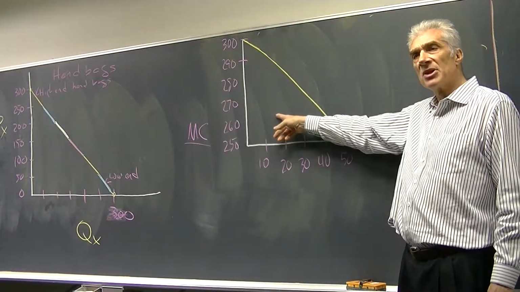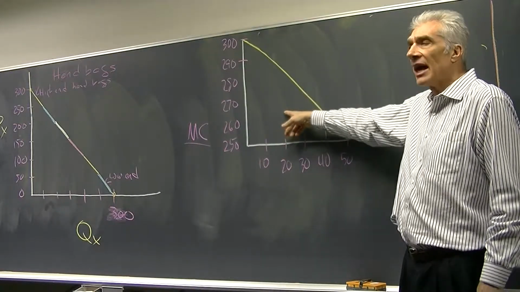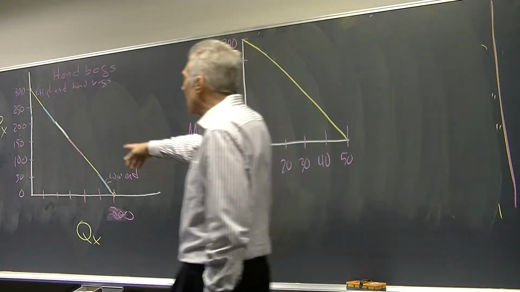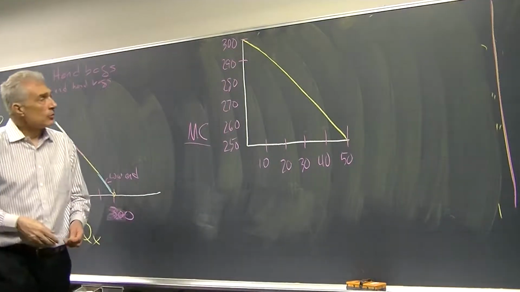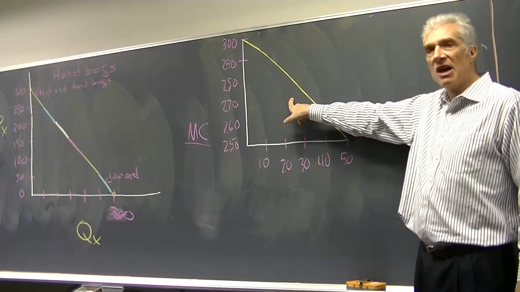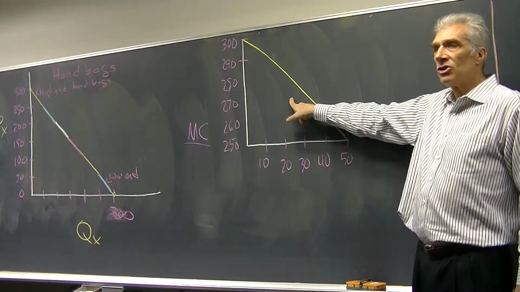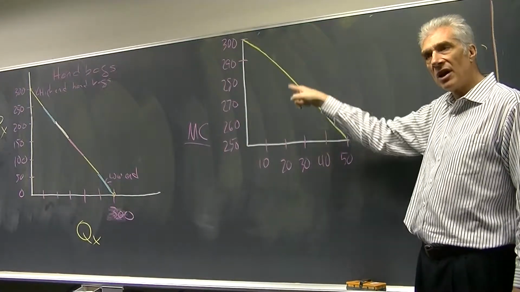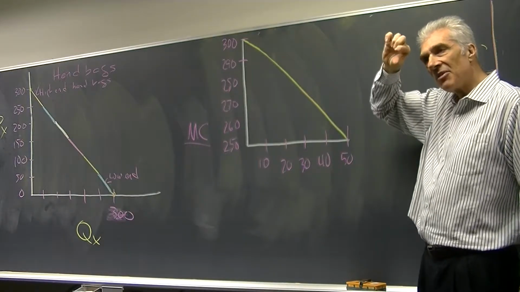So now, monopolistic competition: we've got high-end handbags. Now we're just looking at the high-end handbag market, that slice of the market. You could have a firm that has a monopoly, or a bit of a monopoly, in that segment.